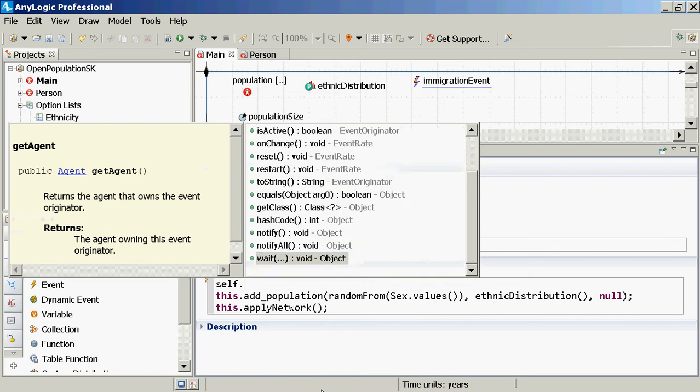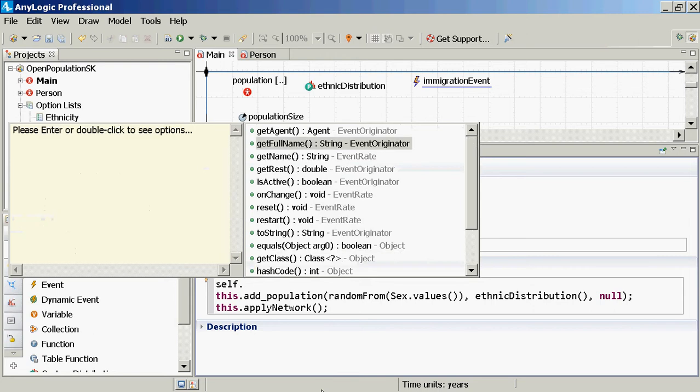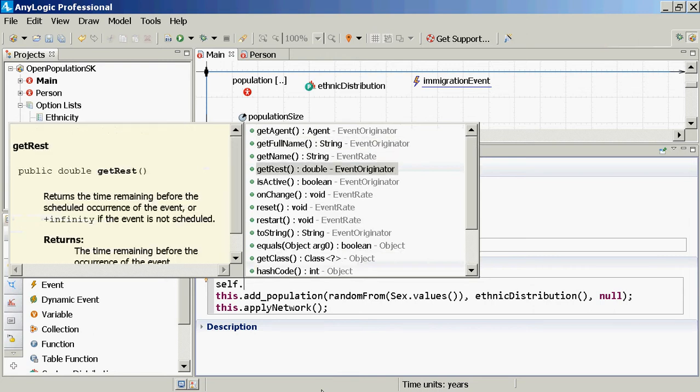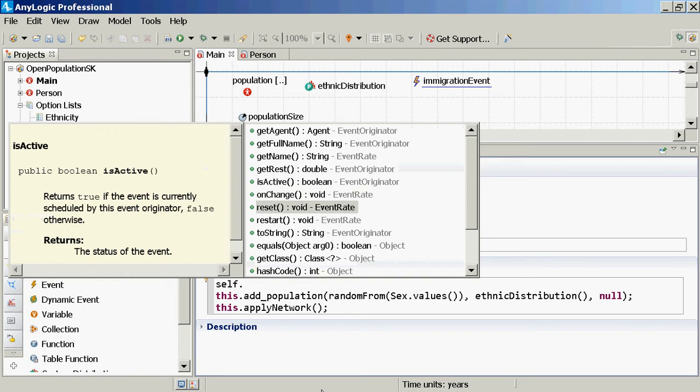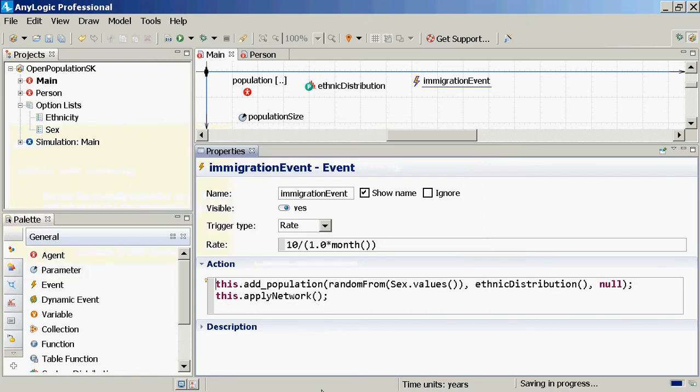I see. What self refers to here is the event. It's the event itself, and so you can say reset me to fire again at a later time, or change something about my situation, suspend me. So self refers to the event. This refers to main. That is confusing. Thank you.